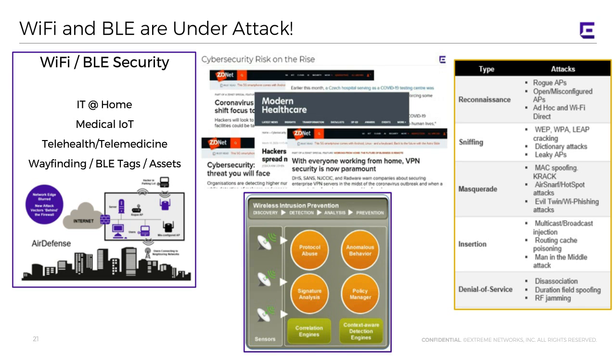All those things are coming into play, and if you look to the right, all the types of attacks, rogue APs, masquerade, insertion attacks from man in the middle, all these things come into play.